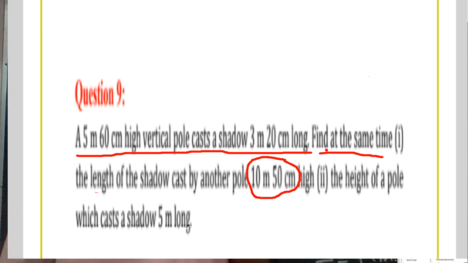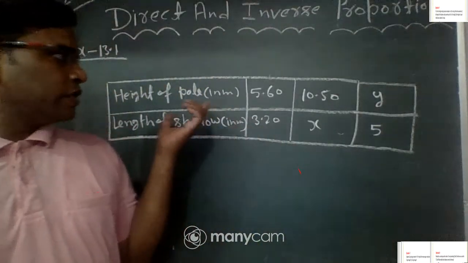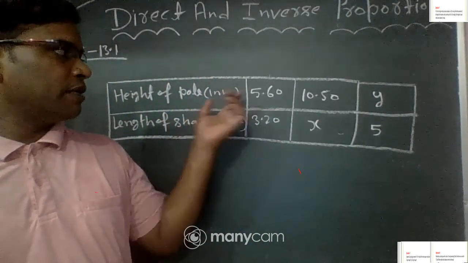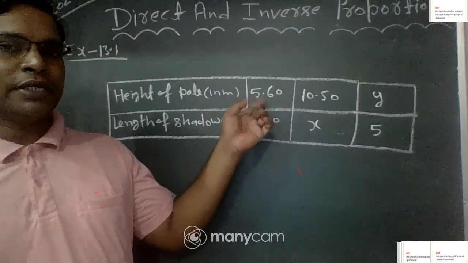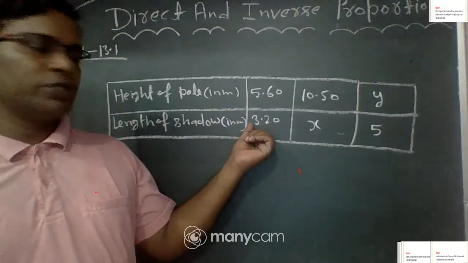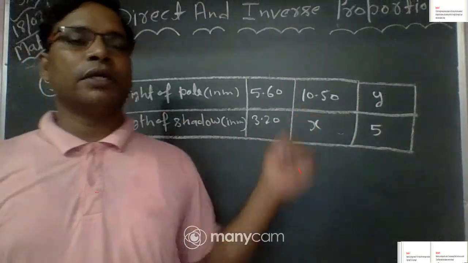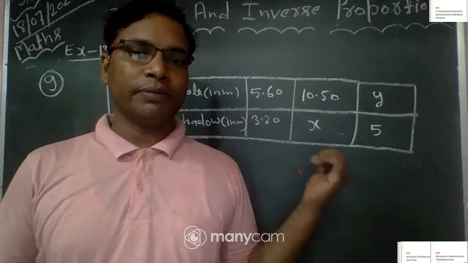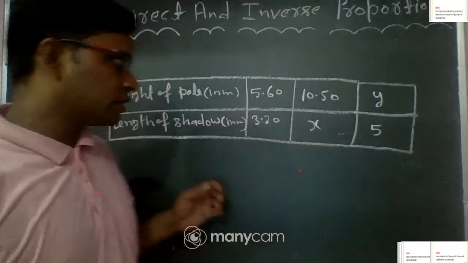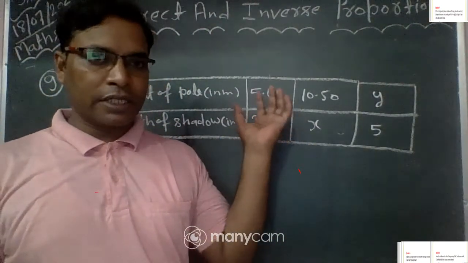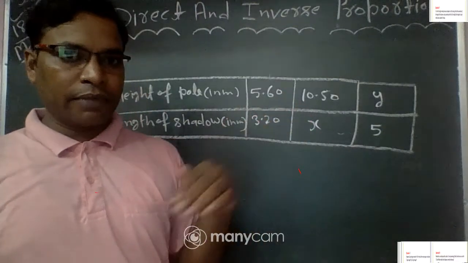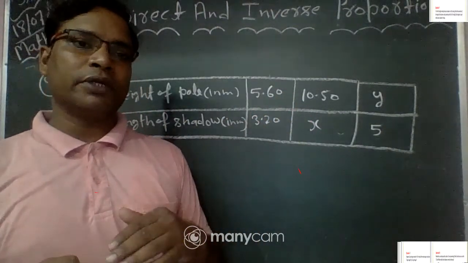Okay, so here you can see this table. The height of pole is 5.6 meter, then the length of shadow is 3.2 meter. When the height of pole is 10.5 meters, what is the length of shadow? So because this is a case of direct proportion, if height of pole is increased, the length of shadow is also increased.